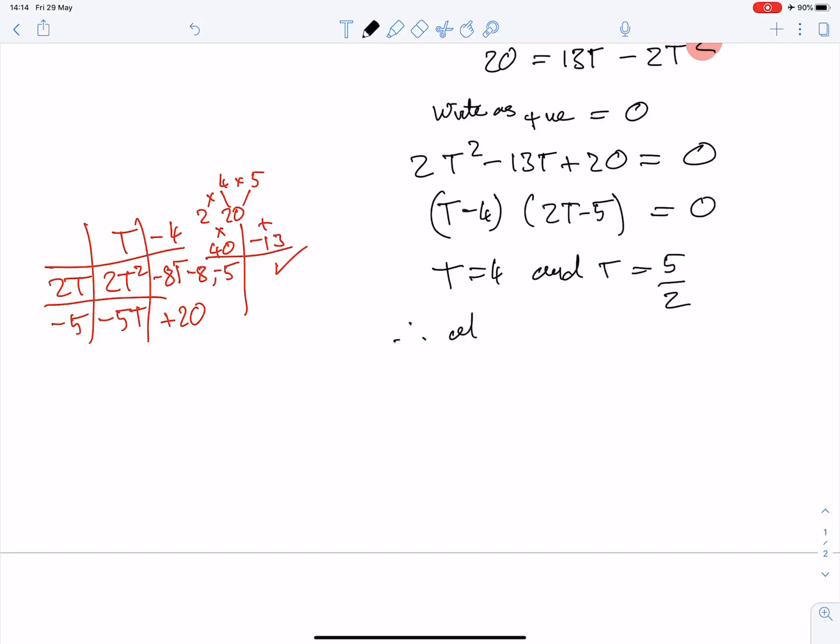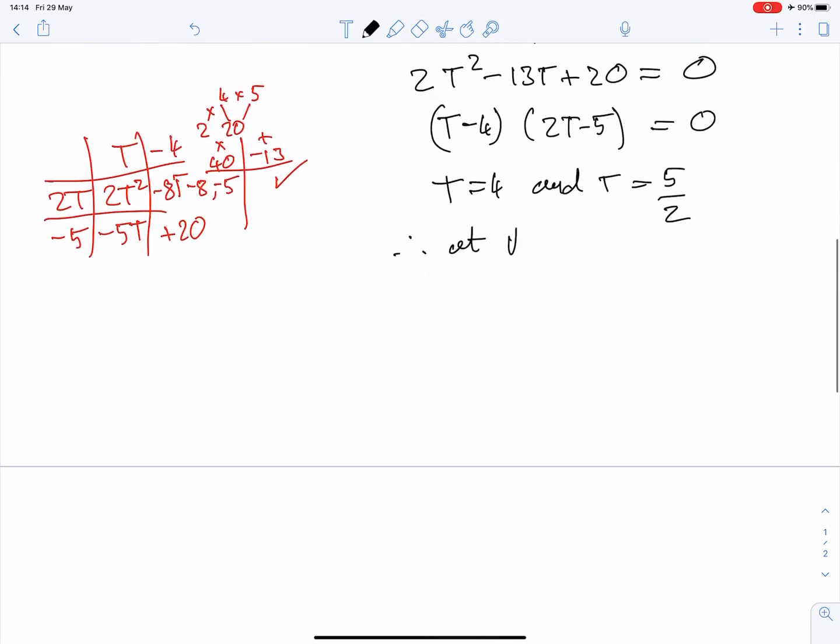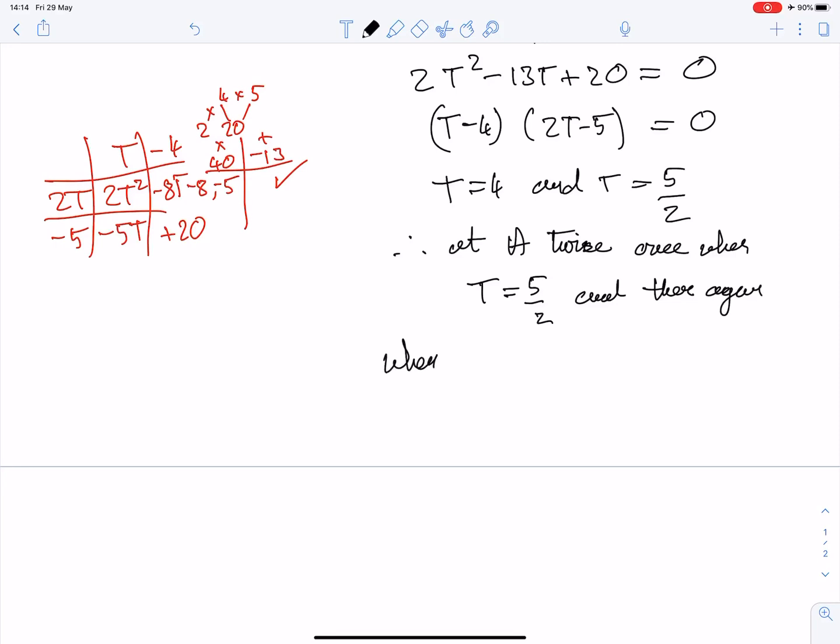Therefore, where did it ask for? Point A, twice, once when t equals 5 over 2, and then again when t equals 4.